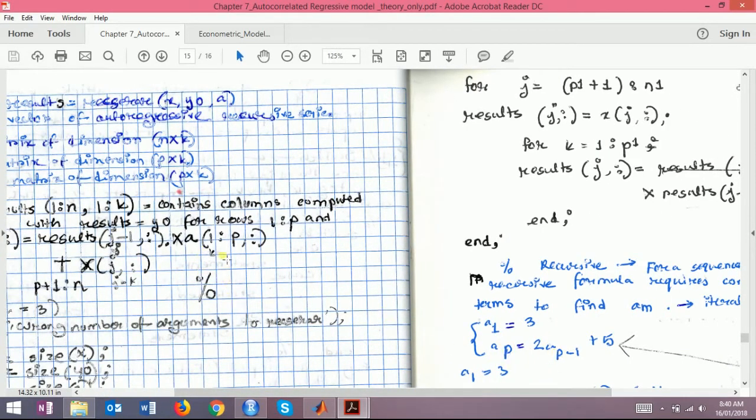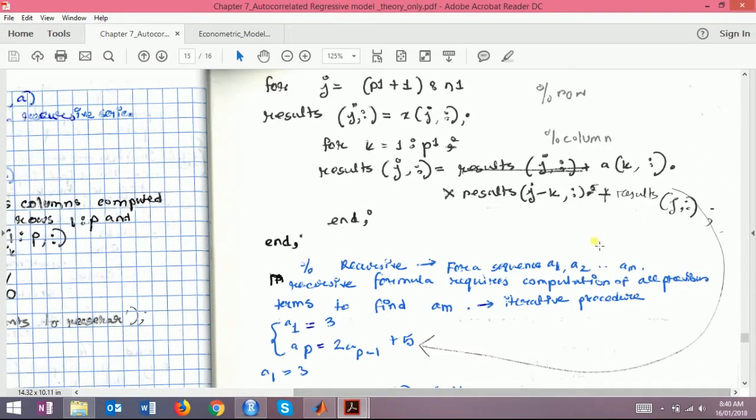So first we're talking about p minus 1, then you're talking about a into a, 1 to p rows all columns, plus then the exogenous variable x, which is j rows all columns. So this is exactly what it is: a, k rows all columns, into results j minus k, all columns, column by column. This will be set by columns.